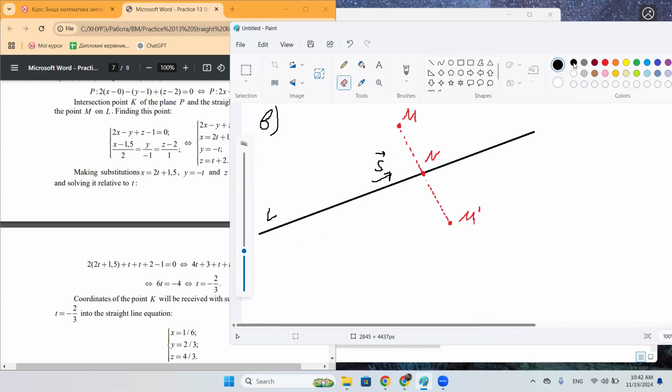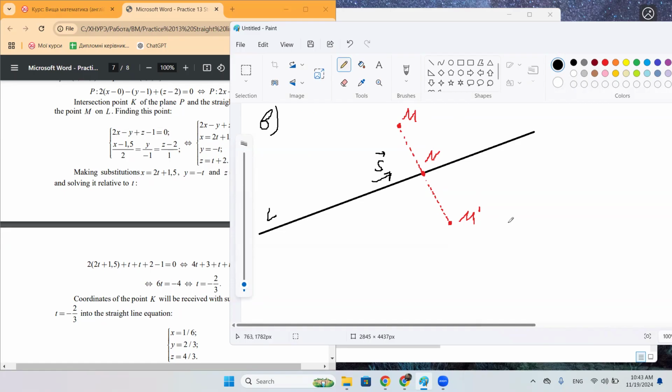I think they are equal, because M prime is symmetric to M, and vice versa, relative to this straight line. So the distance between M and the straight line is equal to the distance between M prime and the straight line. So N is the middle point of the segment M M prime.